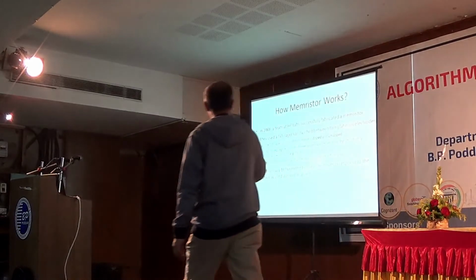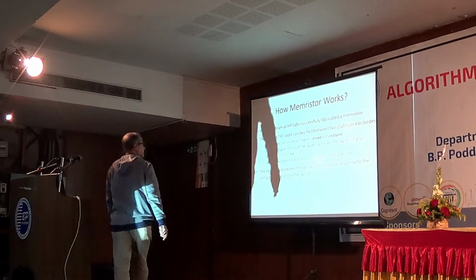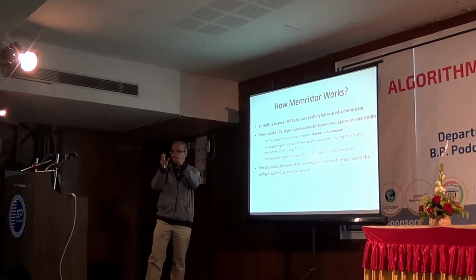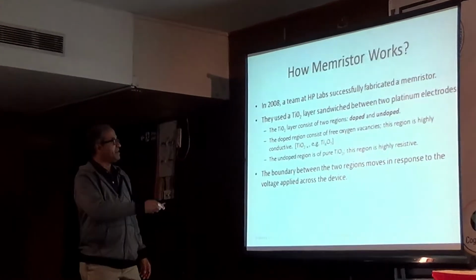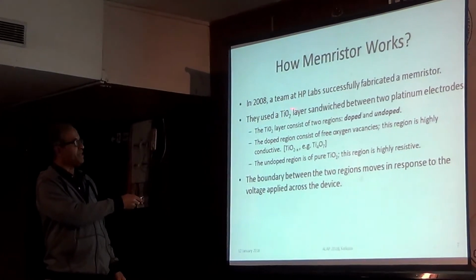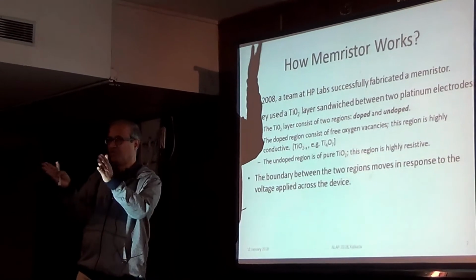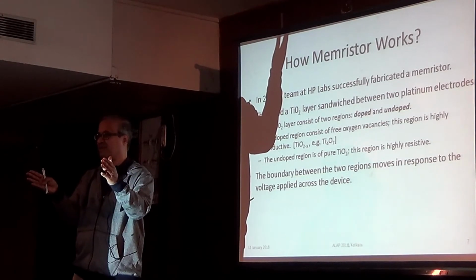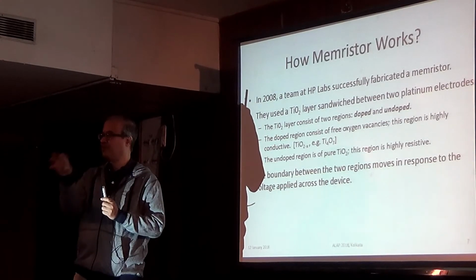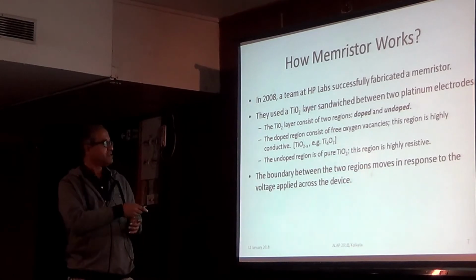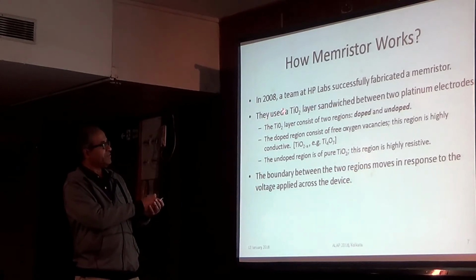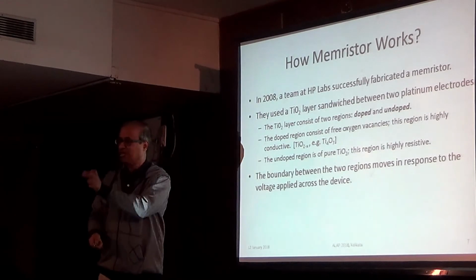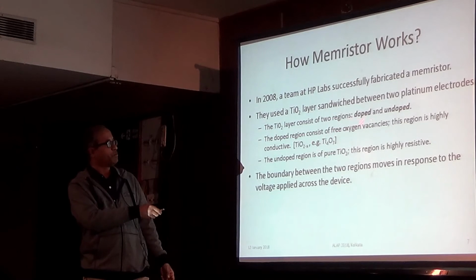So essentially what this group of researchers at HP lab did, they fabricated a material using titanium dioxide. Just as when we fabricate a diode in semiconductor, we take a silicon material and put some impurities on the two sides, in a similar way you take a titanium dioxide material and on one side of it you put some doping.